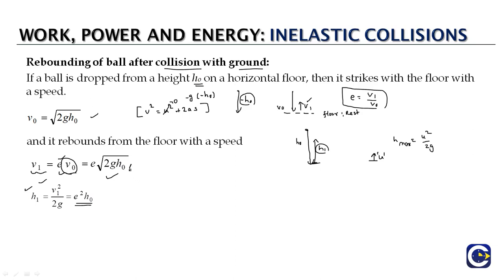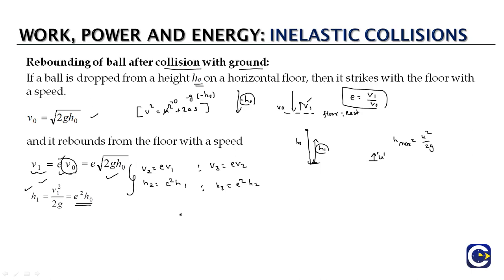Now on continuing this kind of a relation, we'll have the velocity after the second rebound, V2, equal to E times V1, and H2 equal to E square times H1. And continuing, V3 is equal to E times V2, and H3 equal to E square times H2, and so on.